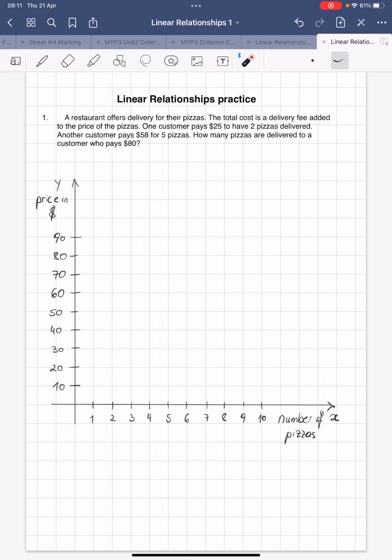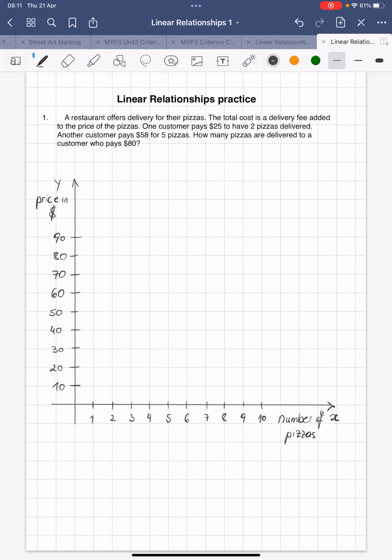Okay, I'm assuming that you have paused the video, and I'm going to show you now so that you can check your answers. So my first point that I'm going to draw is the 2 pizzas for $25. So I've got the 2 here, 2 pizzas, and they cost $25.